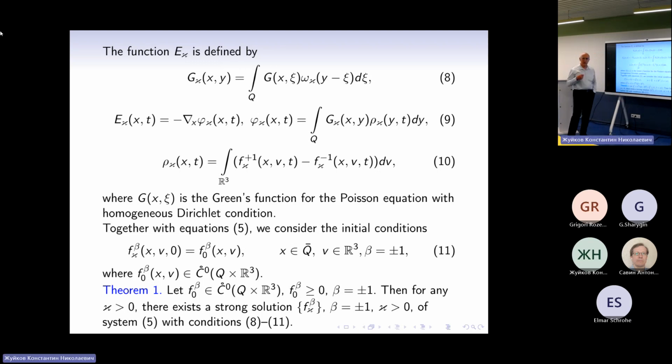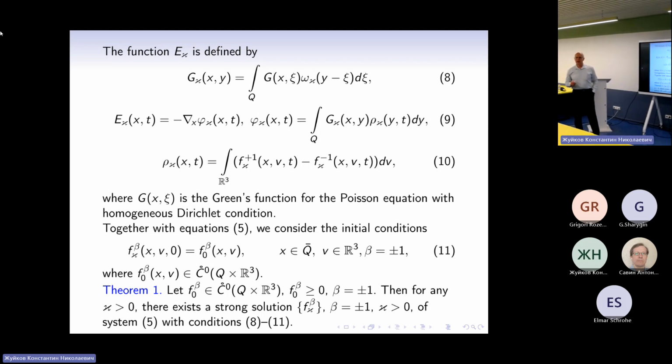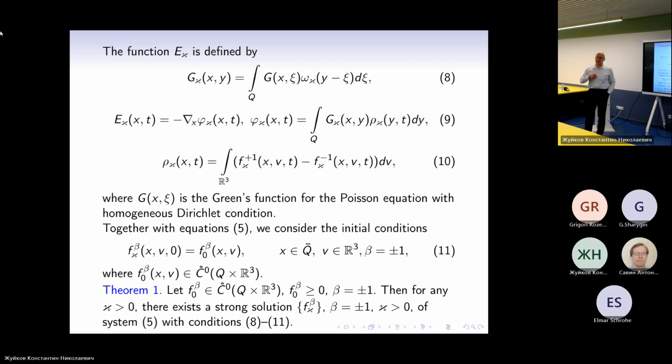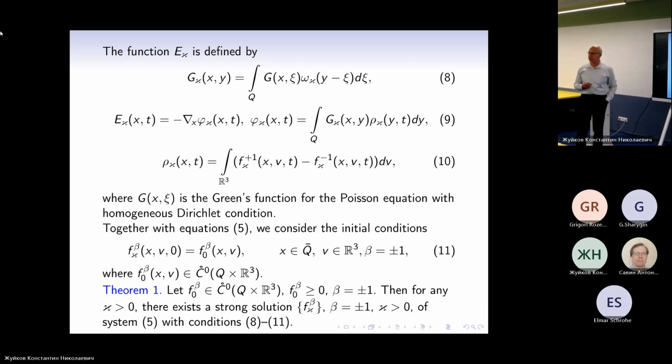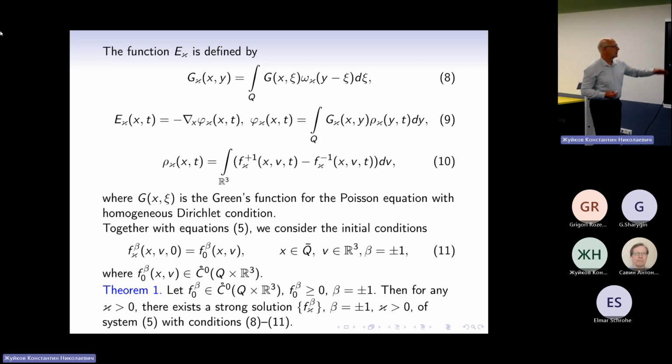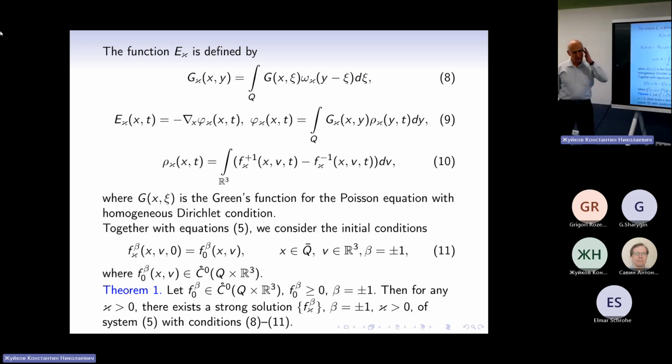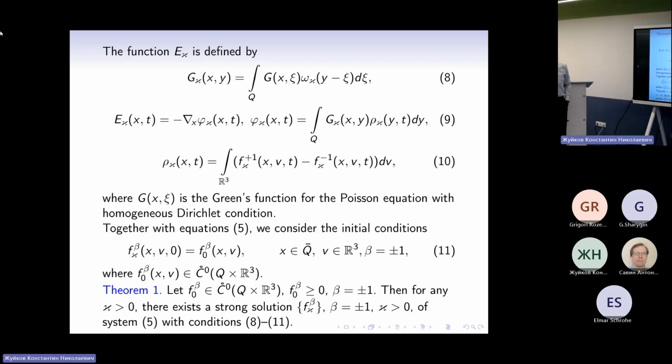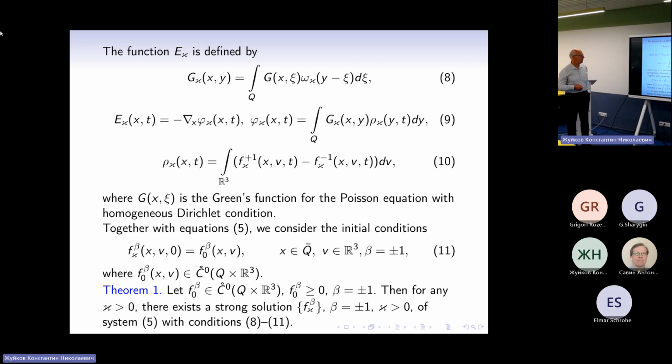So what are we doing? I'll repeat once more. This is a step towards a system of two equations instead of three equations. But we add some relations which connect the averaged potential of the electric field with the density distribution function. And this formula gives the averaged Green function.